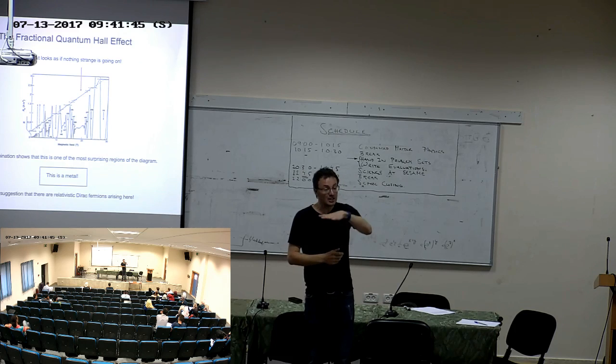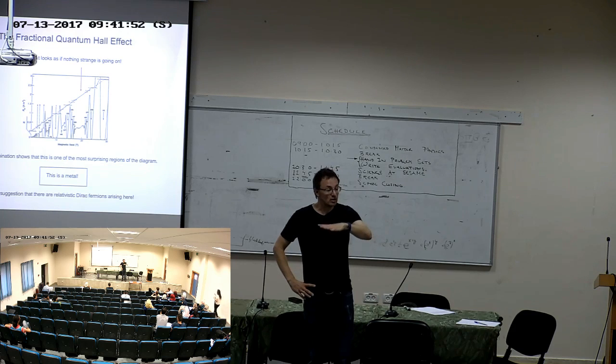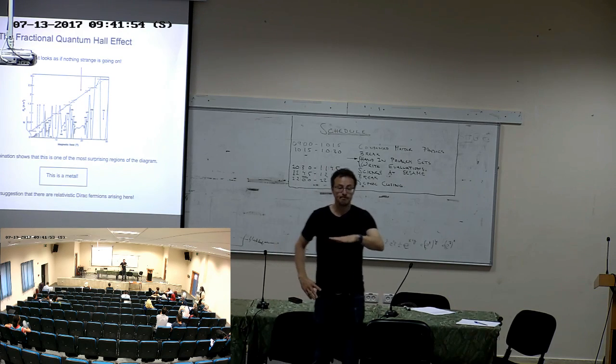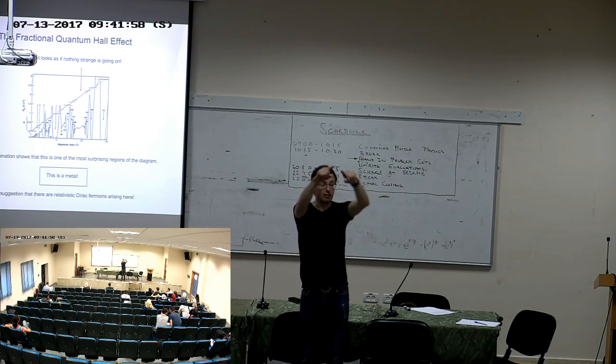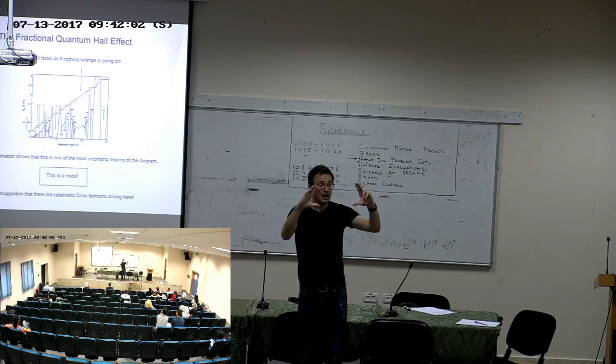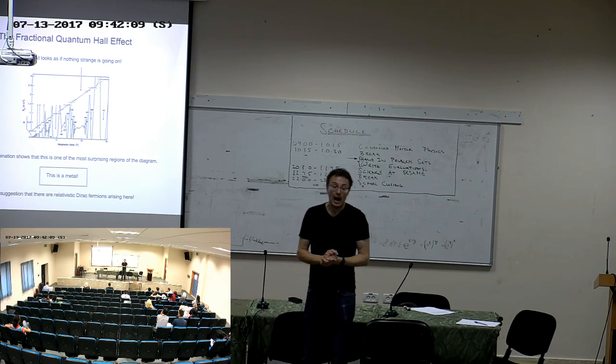It's because if you look at other experiments in this region, you can show that the system has formed a metal. Now, we've seen what a metal is in previous lectures. A metal, roughly speaking, is something with a Fermi surface, some nice Fermi surface. And it looks very different from the Landau level structure that we've been seeing.